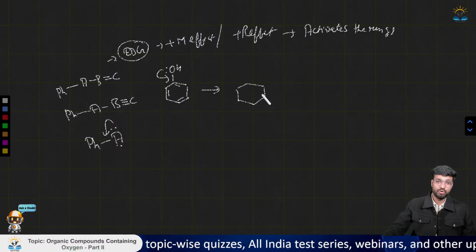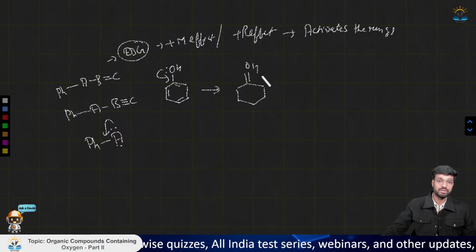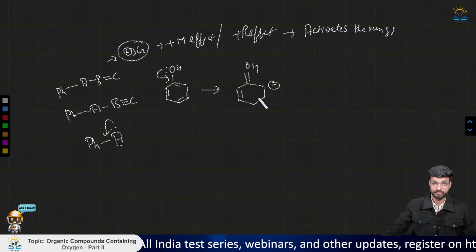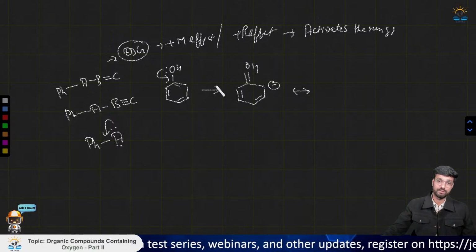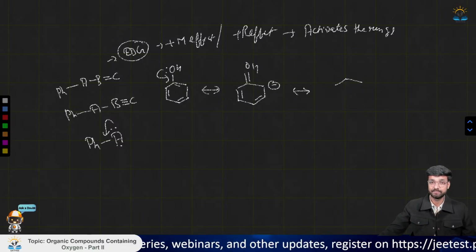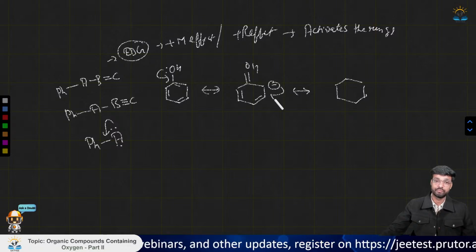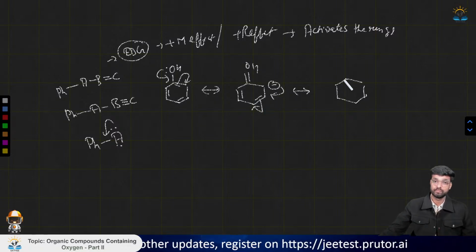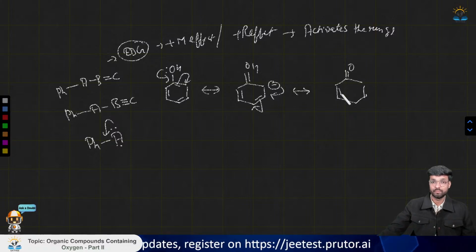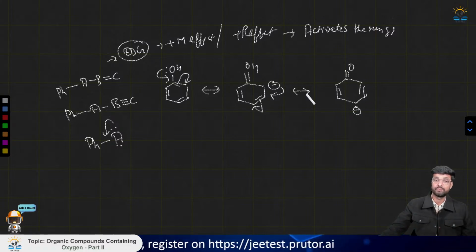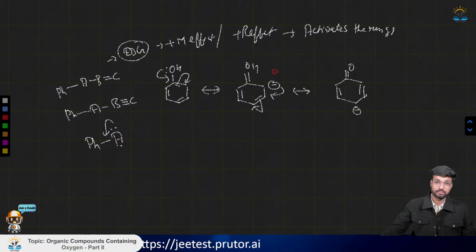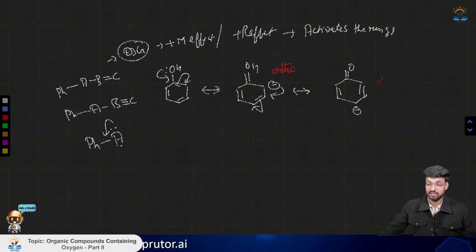Now this lone pair of electrons will move across this ring, creating negative charge on ortho and para positions. So this is the resonance structure that we have. This is the ortho position, and this is the para position.